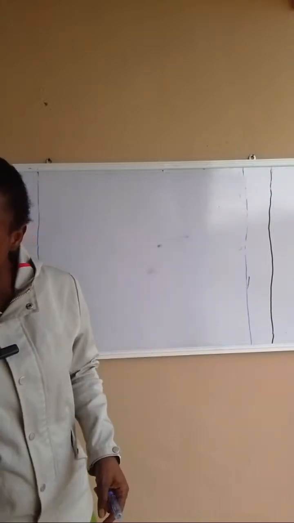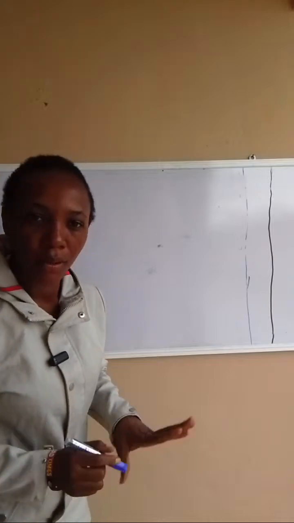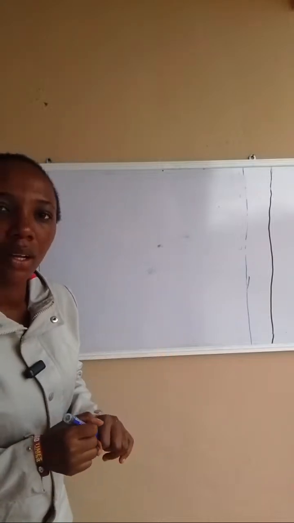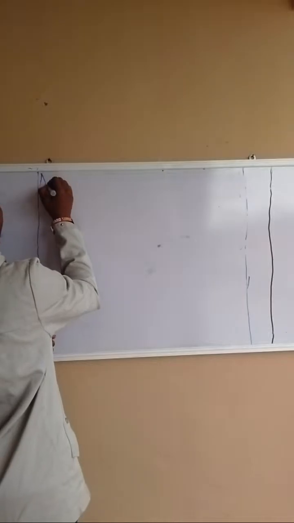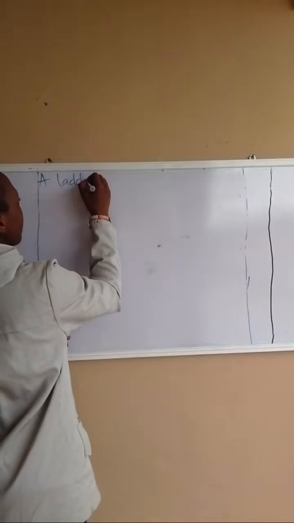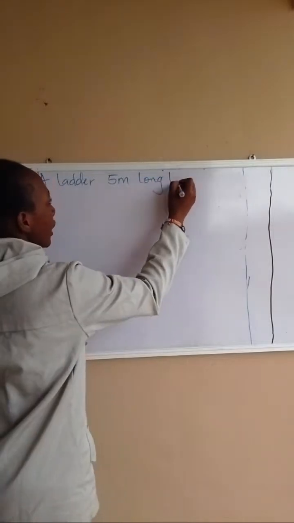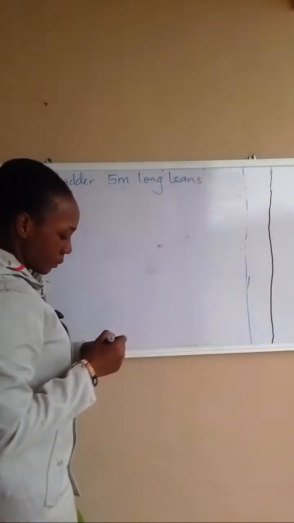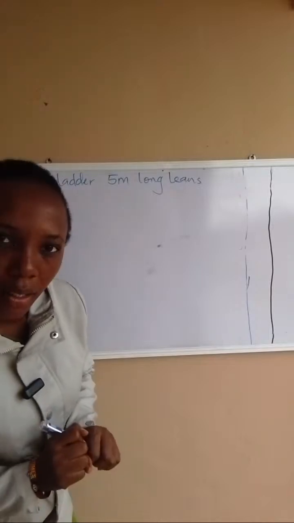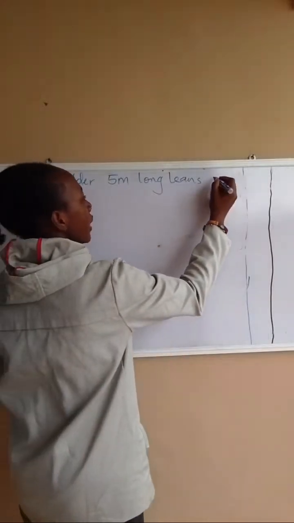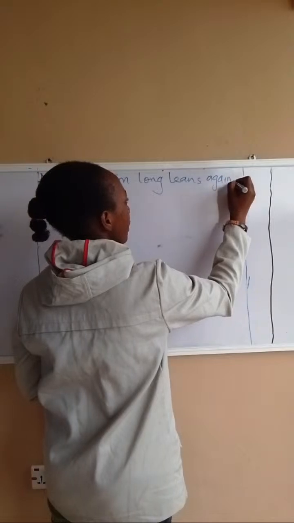All right, so we'll start. The question says, a ladder 5 meters long leans against a vertical wall.